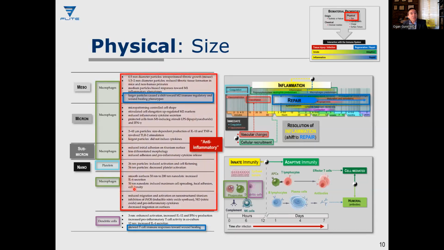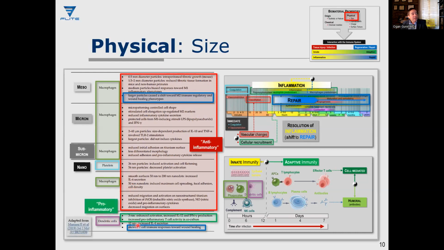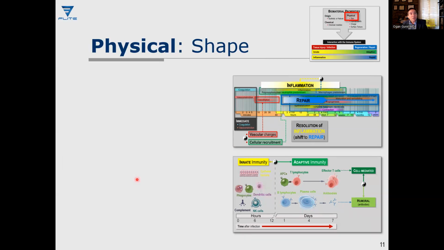All of these dimensions are relatively anti-inflammatory, but the dendritic cells also have a pro-inflammatory role, and the platelets, of course, are related to thrombosis. So one of the takeaways from this is that the nanoscale has a lot more possibilities for immune modulation than the meso, micron or submicron scale. And we'll talk about the implications of this shortly.